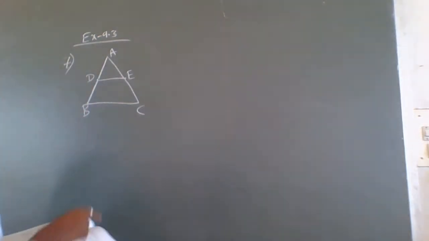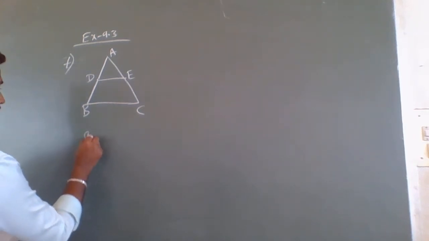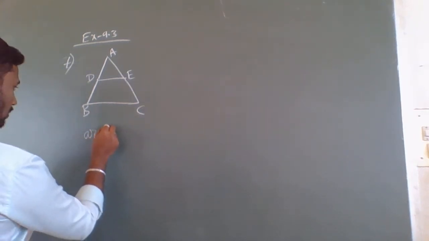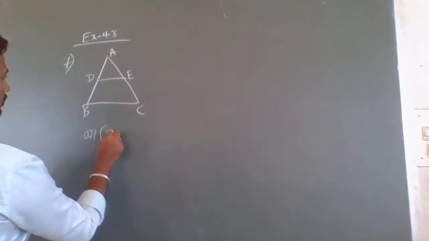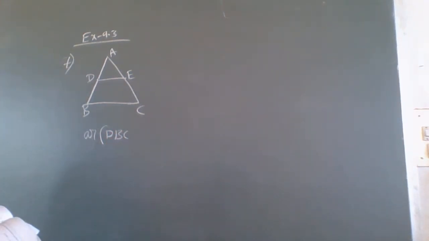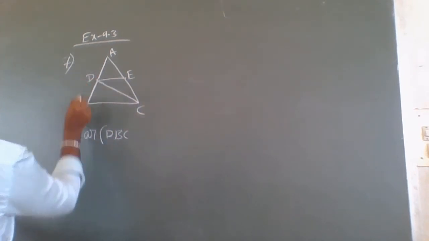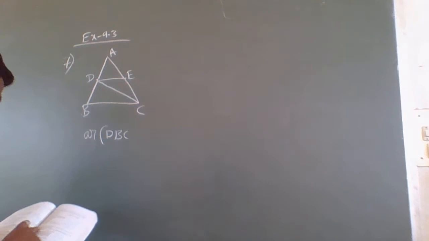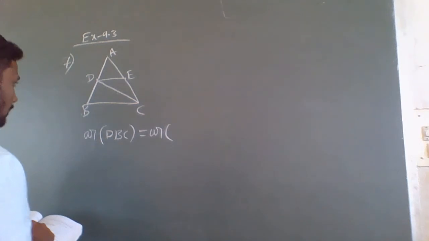D and E are points on AB and AC respectively of triangle ABC such that they have given that area of triangle DBC, area of DBC, means here I have to make one triangle DBC, equals to area of triangle EBC.